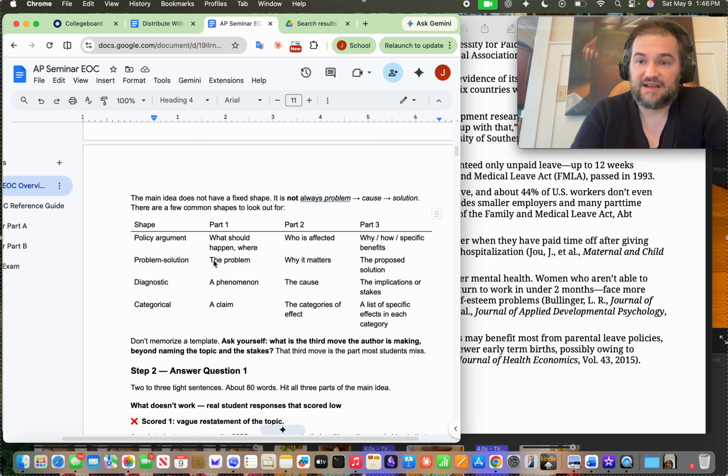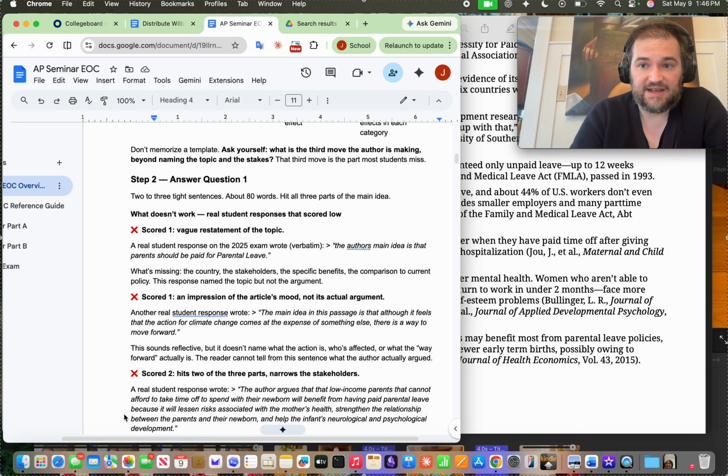So it's making a claim, these are the categories of effect, and now I'm going to list out specific effects in each category. So when you start to read this, make sure you're finding 3 parts to the argument. They're not going to be grouped in one place. It's not going to be a quote. It's going to be distributed across the text.